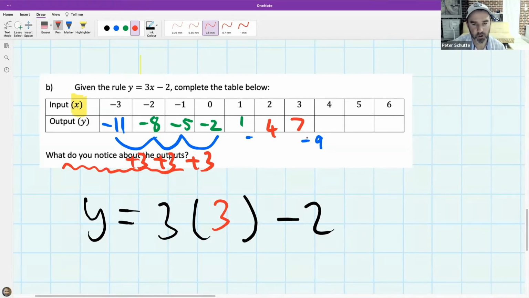But what I have noticed, guys, is that, again, this number in front of the x seems to be guiding me to getting my answers. And I see a lot of students in the chat have got those answers too. And so when we answer the question, what do you notice about the outputs? To me, it looks like the outputs are going up in 3s and the number in front of the input variable, the multiplication, that's also a 3.